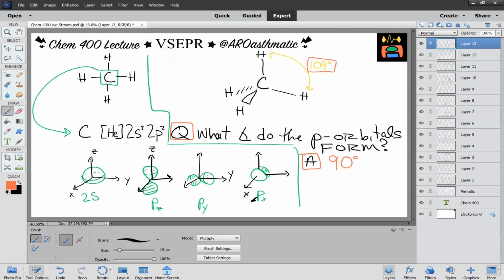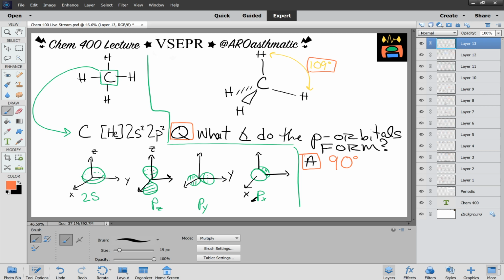So the angle that the p orbitals themselves form are 90 degree angles, even though the p orbitals are like a straight line. So the p orbitals form 90 degree angles, but we know that the bond angle in methane is not 90 degrees. So what's going on here? Why are these two facts at odds?